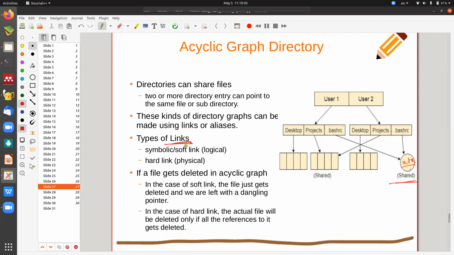And this link can be done in two ways. One is called a soft link and one is called a hard link. So let's see one example of how I create one file and both directories use the same file so that it can be shared. So that you can understand this is an acyclic graph. Why it is acyclic, I'll come to that point.